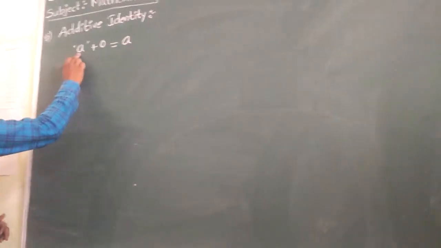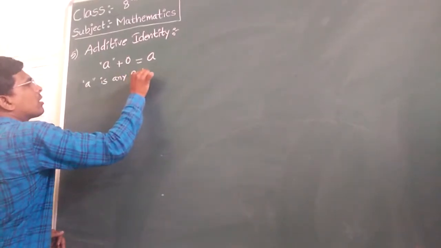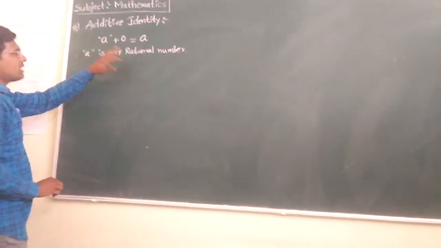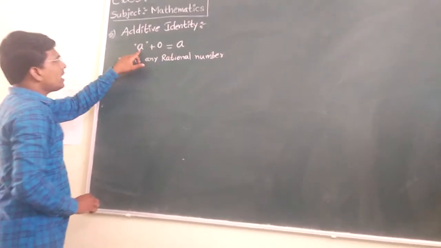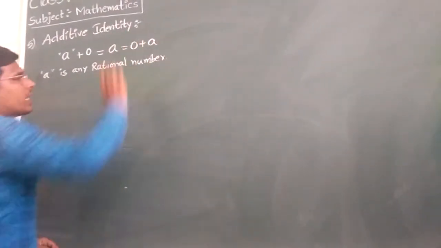Here a is any real number, and here a is any rational number. So if you add a to 0, you will get the same thing, that is a. You can write it this way also, 0 plus a.